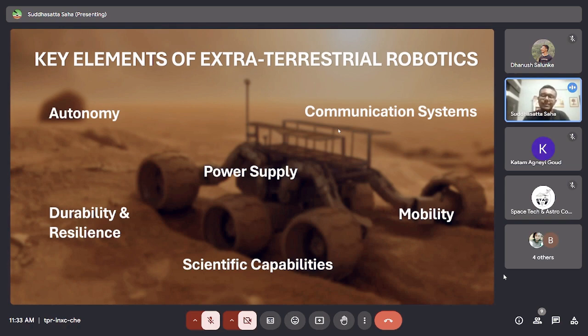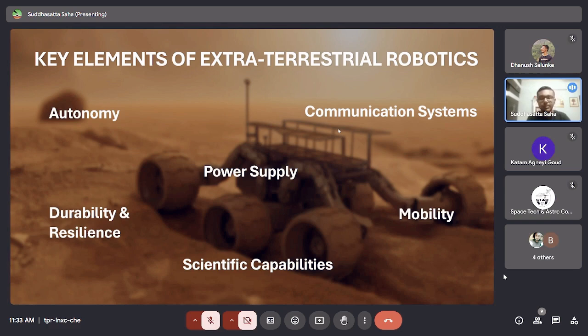Then I come to this aspect of mobility, which basically means deploying some sort of mechanism so that the rover can move. By that I mean we engineers try to design durable and sustainable mechanisms which are best suited and optimal for these harsh conditions.